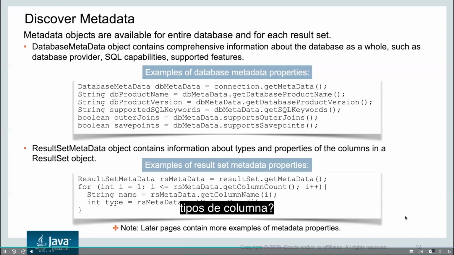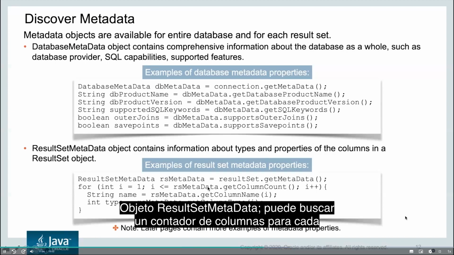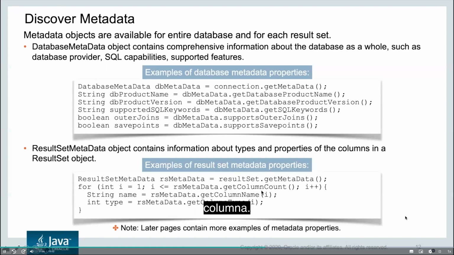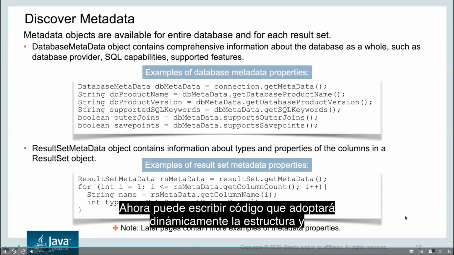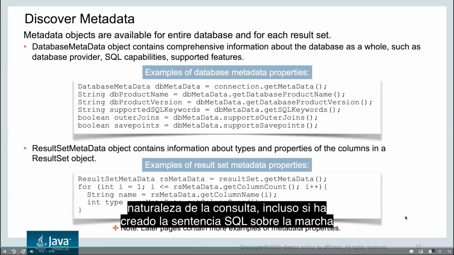What are the column types? Well, there you go. Metadata. The result set metadata object. You can find out the column count, and for every column you can find out its name and its type. So now you can write code that will dynamically adapt to the structure and nature of your query, even if you form the SQL statement on the fly.